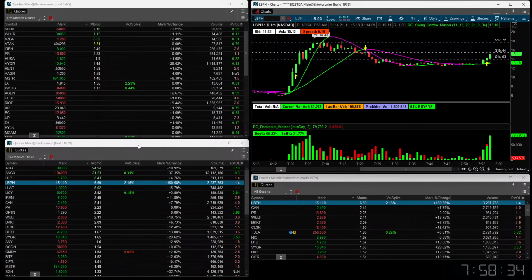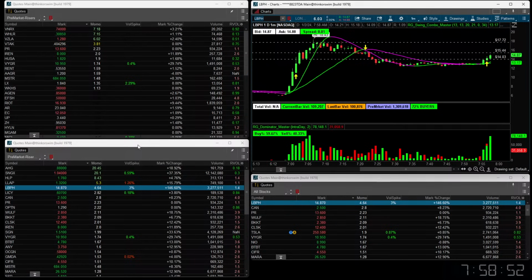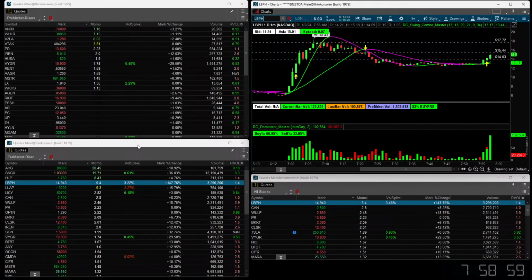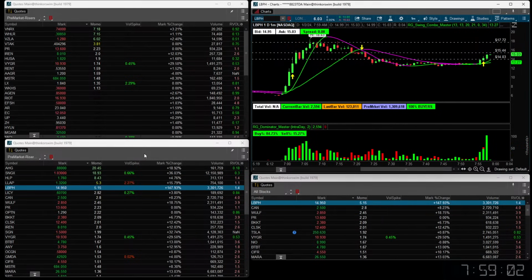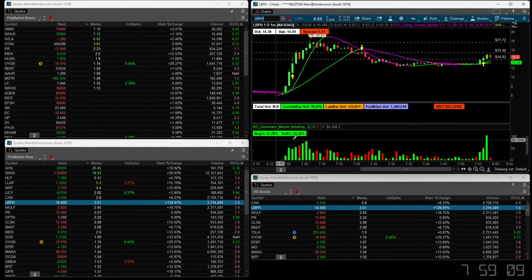LBPH crawling right back up to that 1544. So good call, Henry. You deserve the credit. The spread has come down on this stock. You can see right here who's dominating this candle.